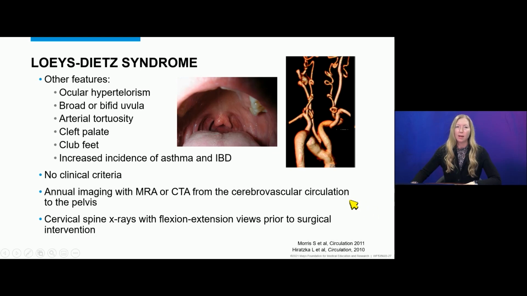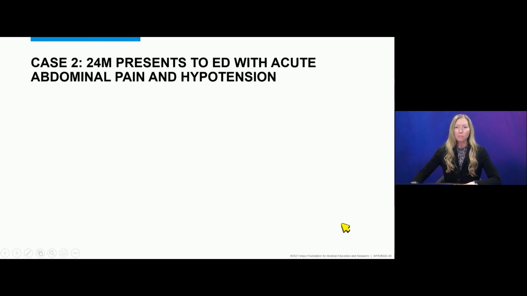Because any vascular bed can be affected, we do annual imaging with MRA or CTA from the head all the way to the pelvis. And if one of these patients needs to go to surgery, we do cervical spine x-rays because of a history of cervical spine instability.